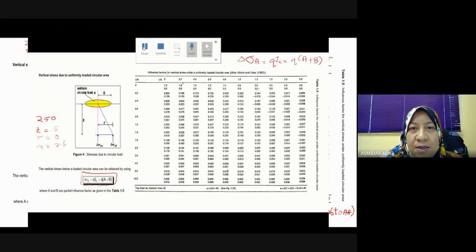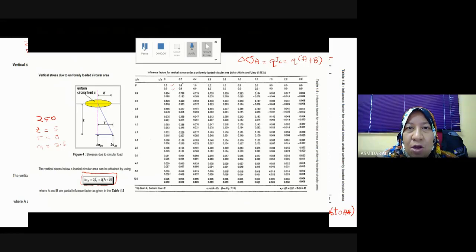A is in the table, because the table now is different from the table you used before. Before, the table had only one value, but right now you have two. One at the top and another one below.